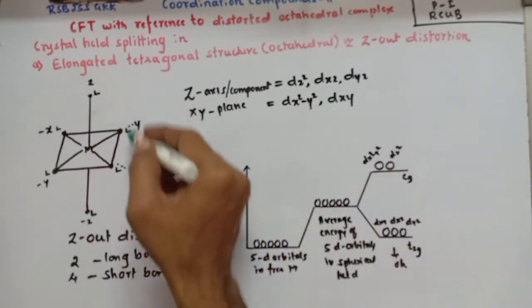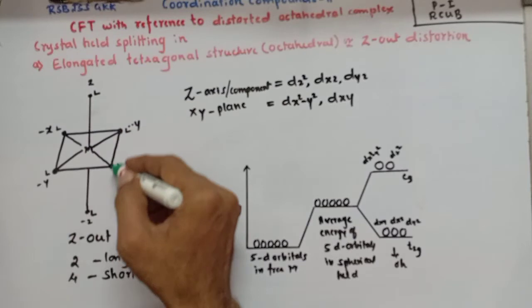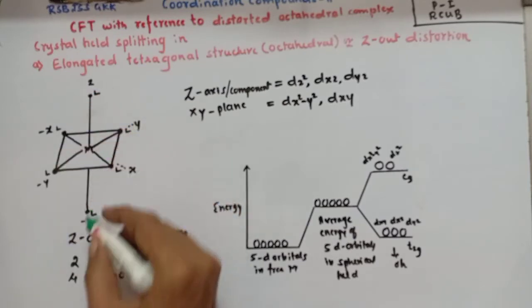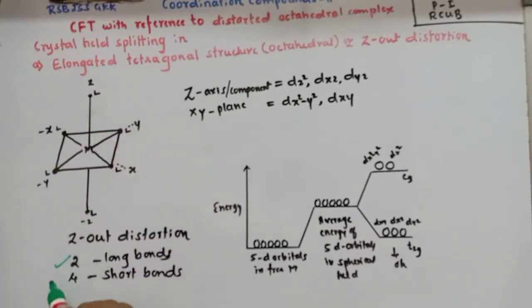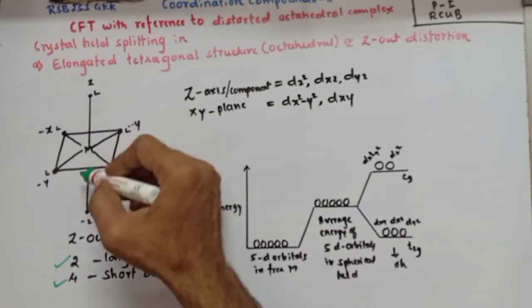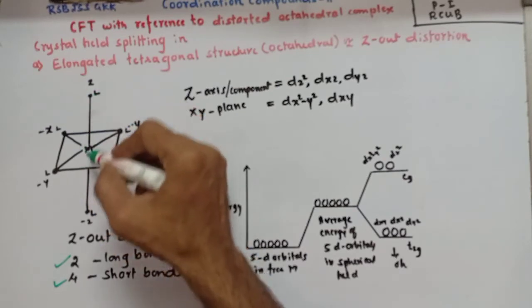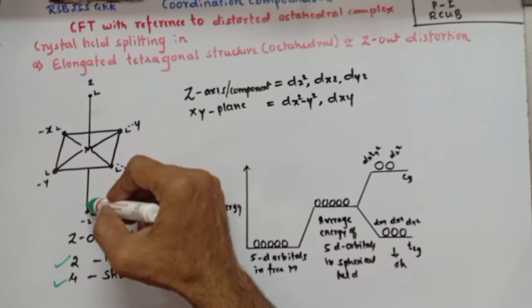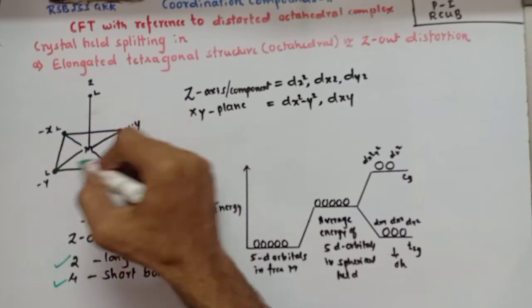So we know that in a Z-out distorted octahedral complex, there are two long bonds and four short bonds. In Z-out distorted octahedral complexes, the two trans ligands located along the Z axis are a little bit away from the center metal ion when compared to the other four ligands.